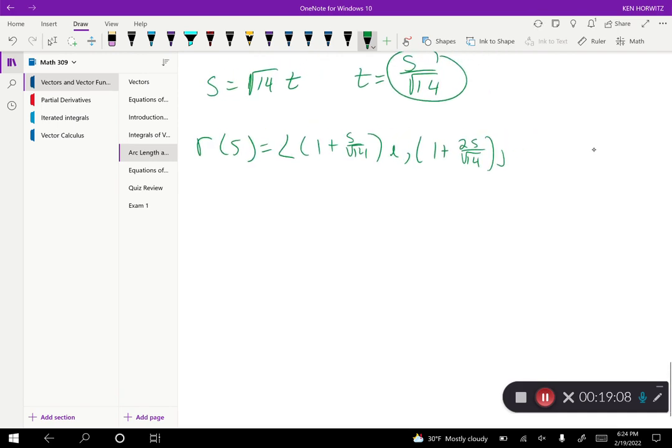And my last term was 3t, so I'm going to have 3s over square root of 14 k. And there is my vector reparameterized for arc length.